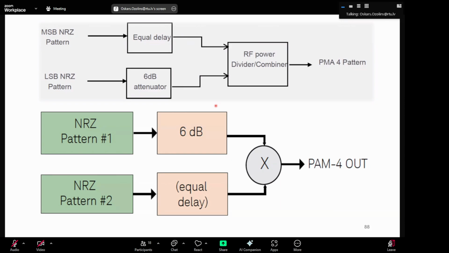My group stopped using this method around when we achieved 100 gigabaud PAM4. Then we understood that with this method, if we do it in the lab like this, we are not going to be able to achieve 200 gigabaud PAM4, so twice the symbol rate.